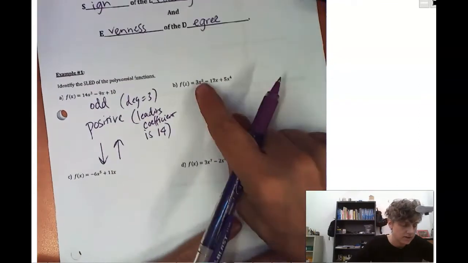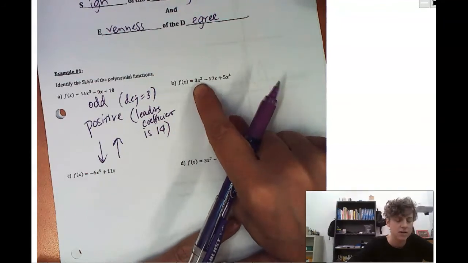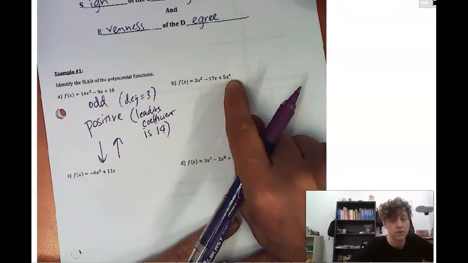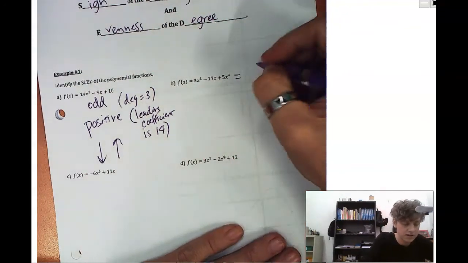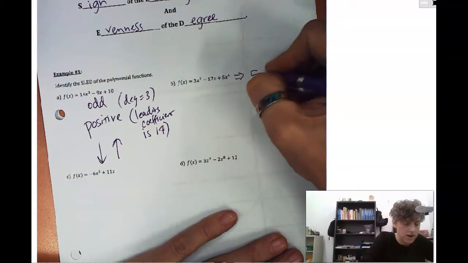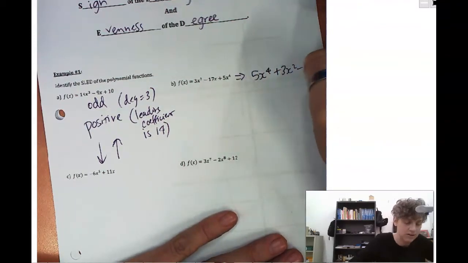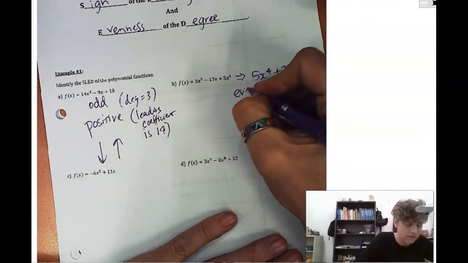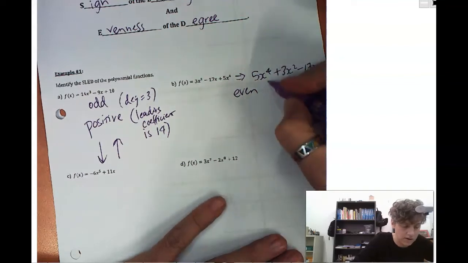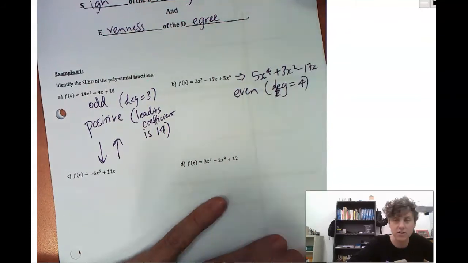How about here? Oh my goodness, it's still an even function, but this is not in standard form. This should be 5x to the 4th plus 3x squared minus 17x. This is a degree 4, which makes it an even function. The degree is 4. That's an even number.